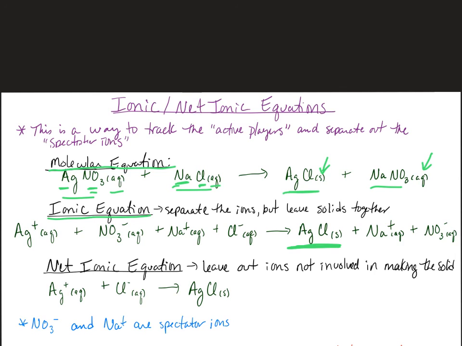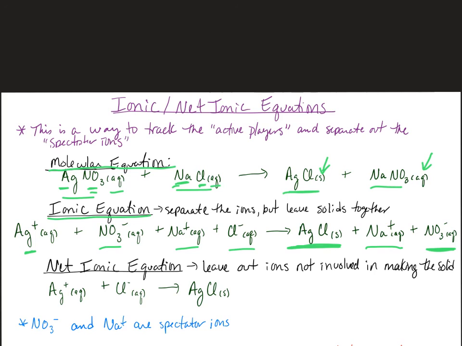Again, the reason why you need to know your polyatomic charges, okay? So Ag plus plus NO3 minus, both of those are aqueous. And then you add that to Na plus aqueous and Cl minus aqueous, and you get this AgCl. But you also get out Na plus and NO3 minus, and both of those are aqueous.